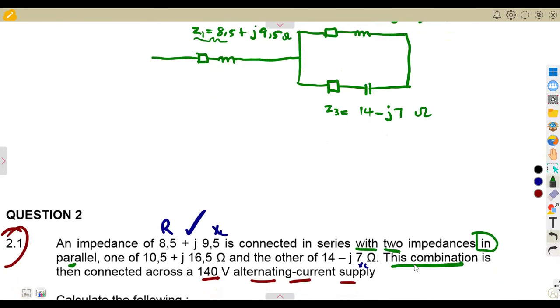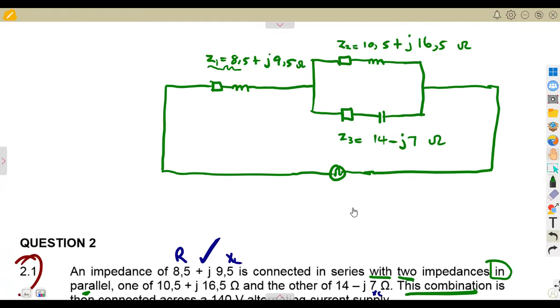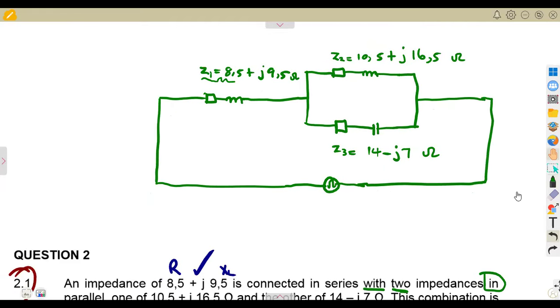This combination is then connected across the 140 alternating supply. So we are just going to take our combination to the alternating current. All right, so that is something like this. This is just a sketch that we are having here. All right, sorry for that.